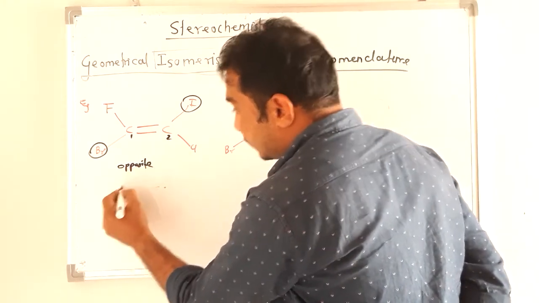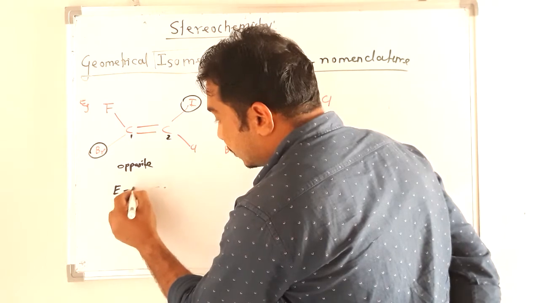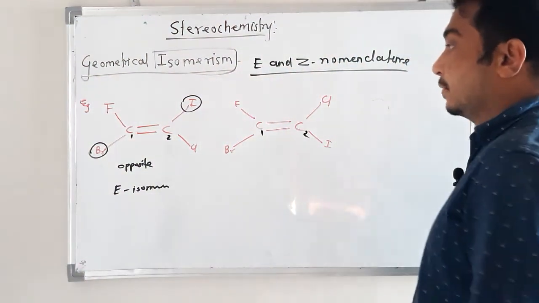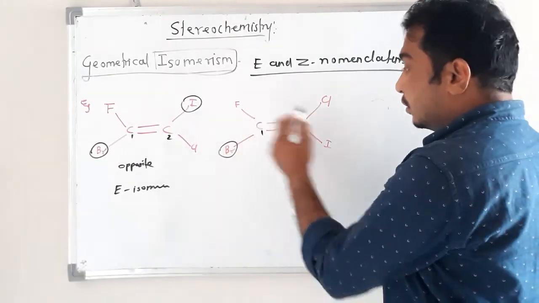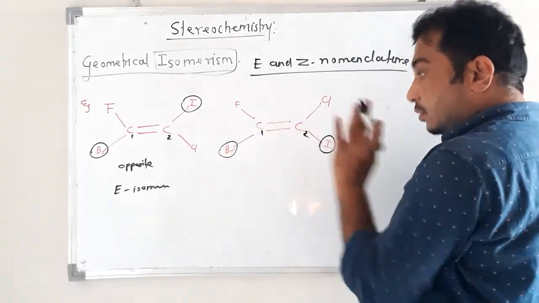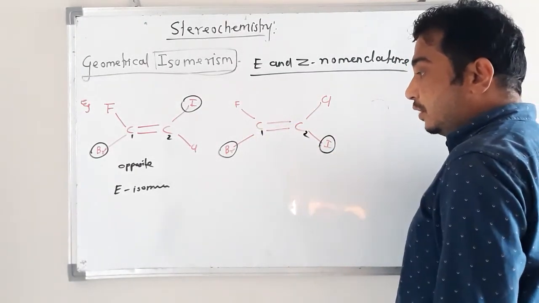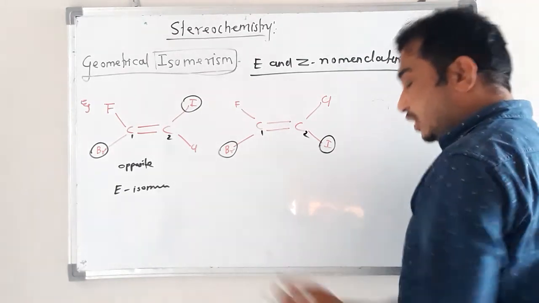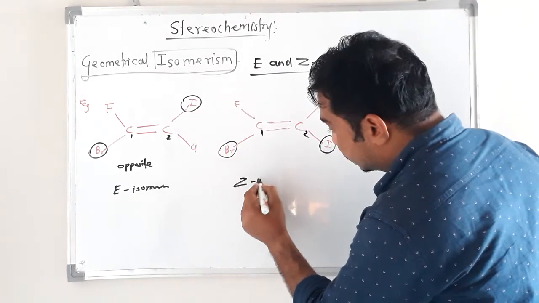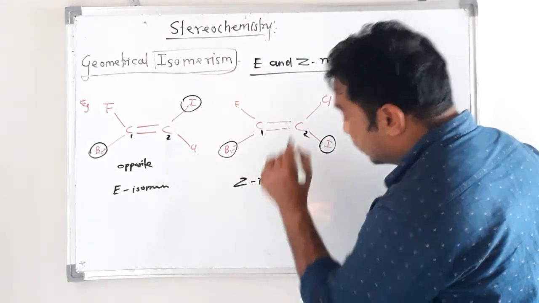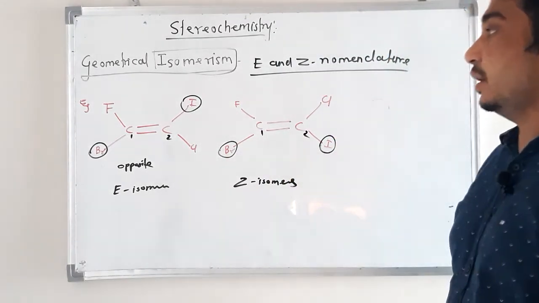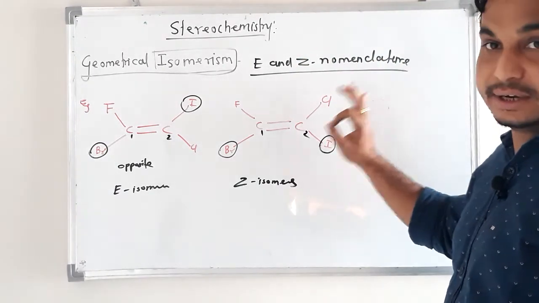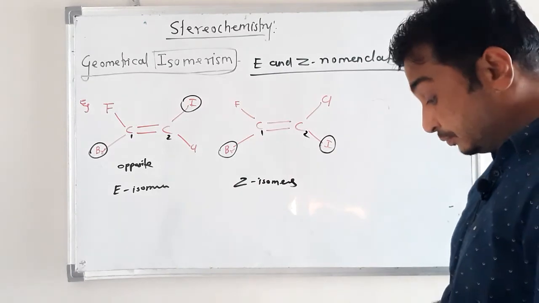So it is the E isomer. Here, bromine and iodine both are present on the same side, downside means same side. Okay, so it is the Z isomer. So in this way we can give E and Z nomenclature. Okay, very simple.